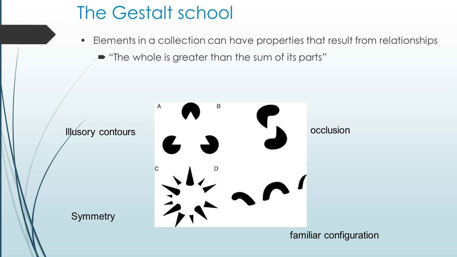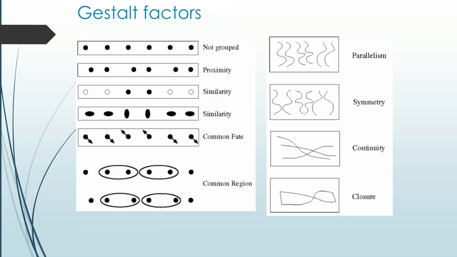For example, we can actually group different objects based on how familiar the configuration is in a particular object, or whether they have symmetry properties, or even though they have occlusion, we can still come up with the meaning of this particular group. So just as a review, these are several Gestalt factors, as we saw before, based on proximity or similarity or continuity or closure. So these are very useful to know.